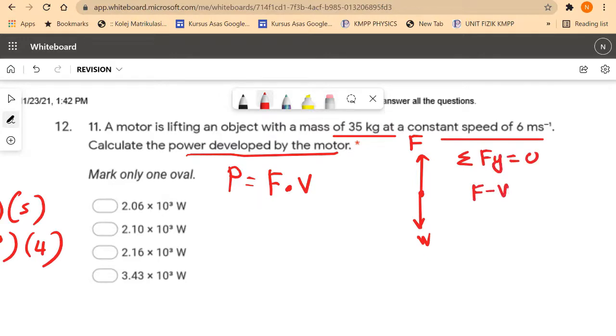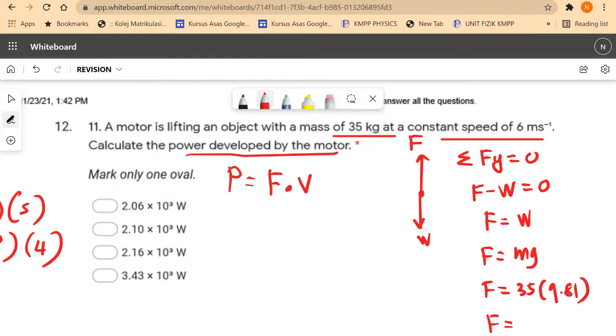So F minus W equals 0, so F equals W. W is mg. So substitute mass 35, g is 9.81. So you're gonna have F equals 343.35 Newton.